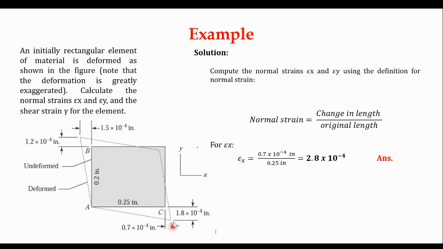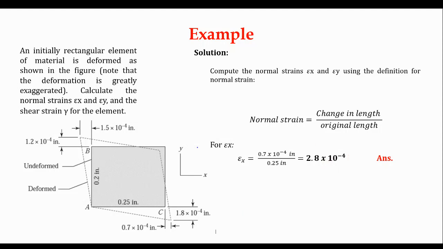The change is 0.7 times 10 raised to the negative 4 inch. Okay? Over the original is 0.25 inch. Okay? So, kanina, dimension ang kwaon. Kanina, change. Kasi nga, normal strain ang atong ginapangita. So, the answer is 2.8 times 10 raised to the negative 4.